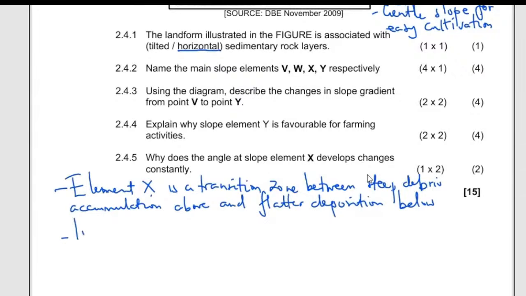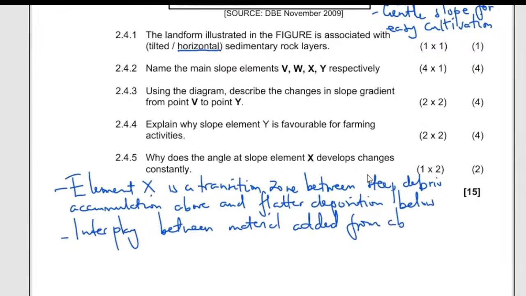So there's an interplay between material added from above and material removed from below.